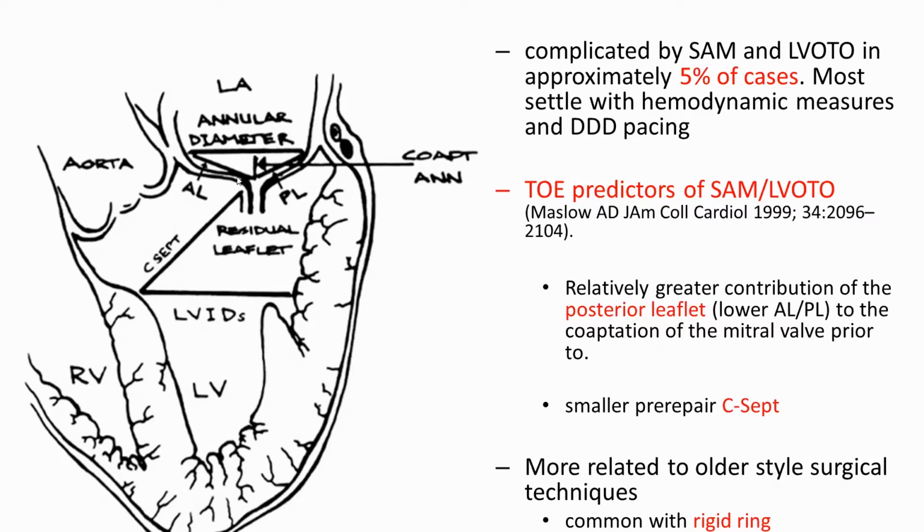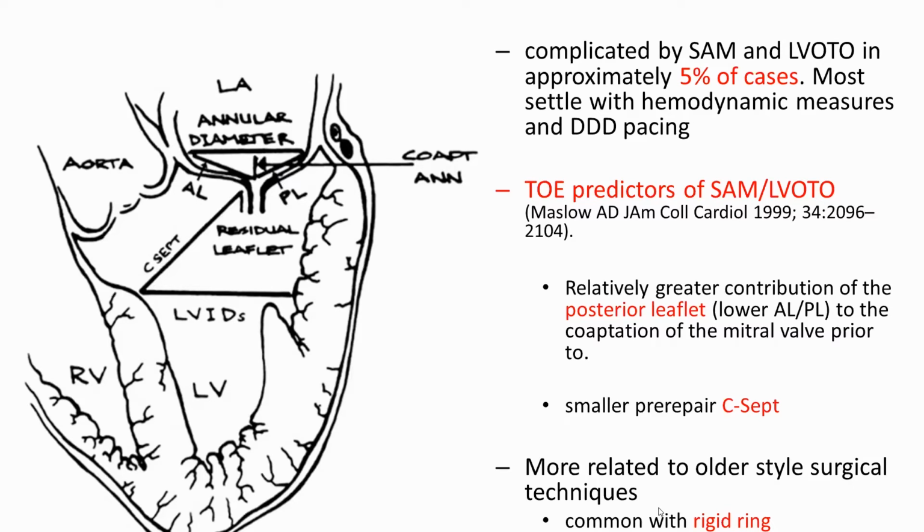They looked at the length of the anterior leaflet and the posterior leaflet distal to the coaptation point. And the more contribution there was from the posterior leaflet, and the closer that coaptation point was to the septum, the more likely you were to develop SAM. So I haven't put the cutoff figures in there. I don't know of any anesthesia people who actually measure those things, but there is a degree of predictability.